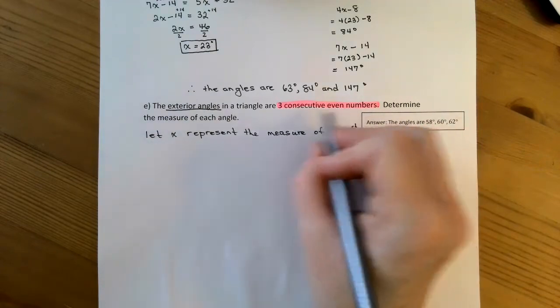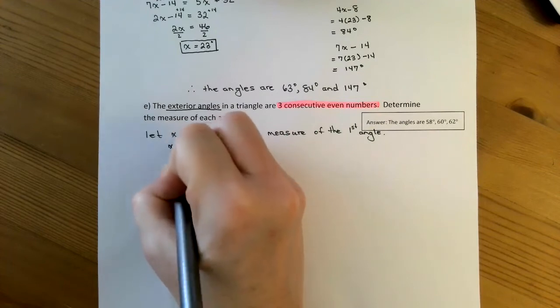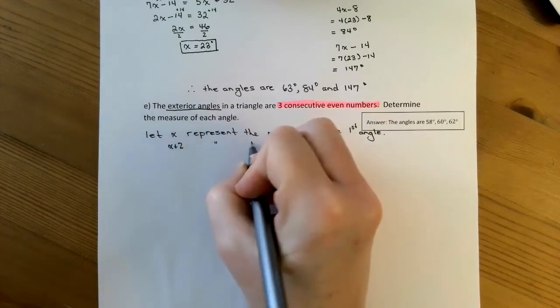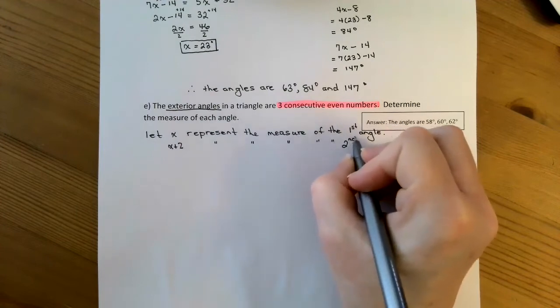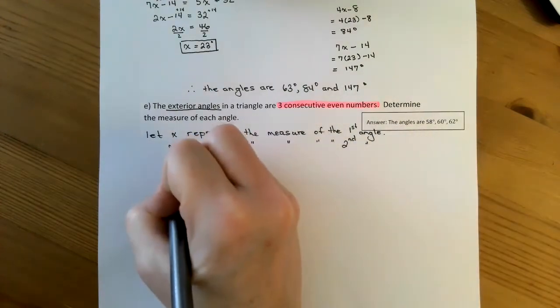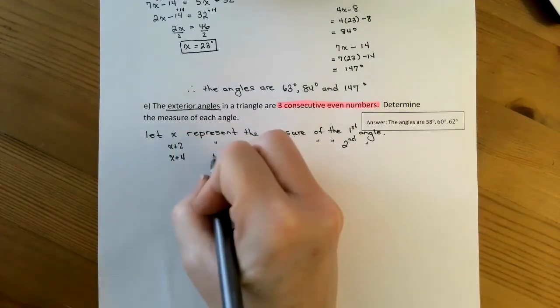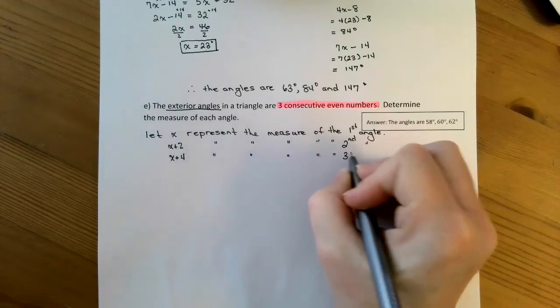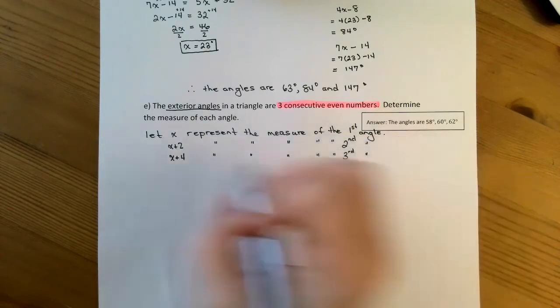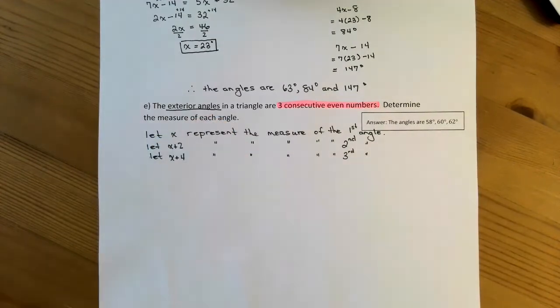Because they're even numbers and consecutive, meaning they're all in a row, the next one has to be x plus 2. So the second angle is going to be 2 more than the first angle, and then the third angle is going to be 4 more, another 2. Those are my 3 angles that are going to be in my triangle.